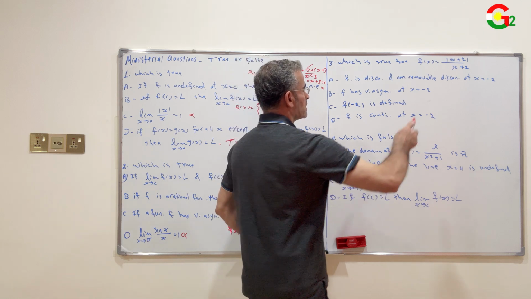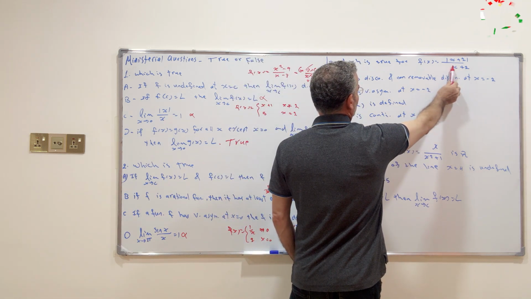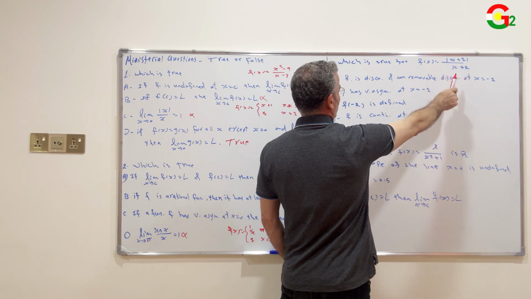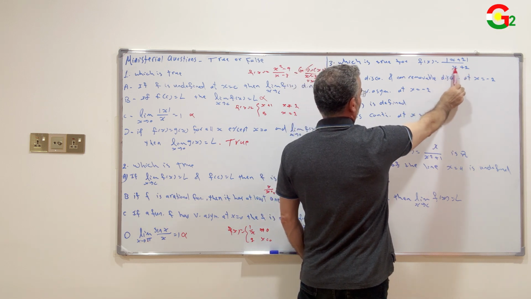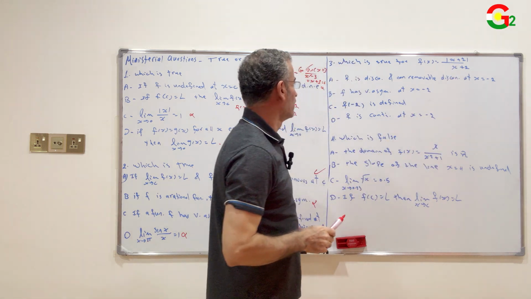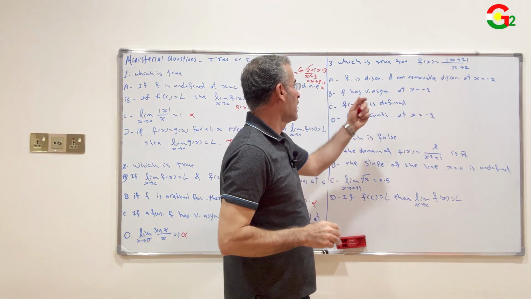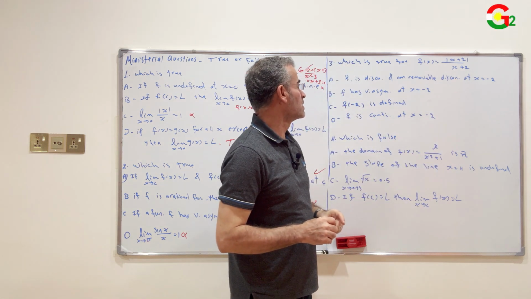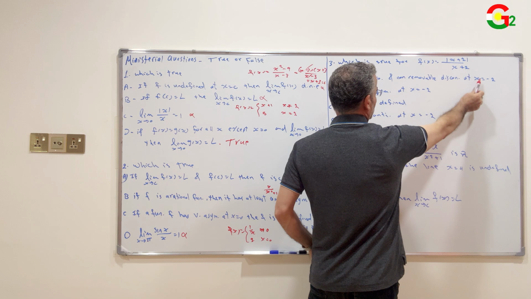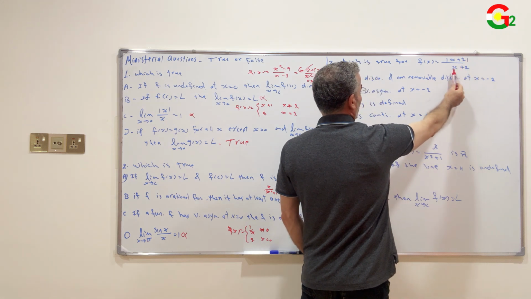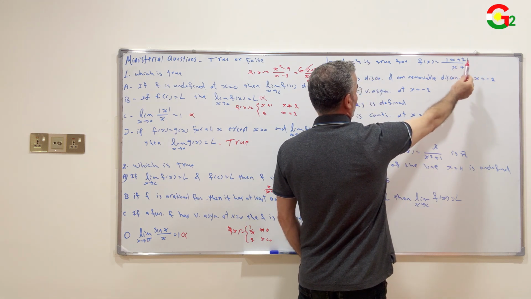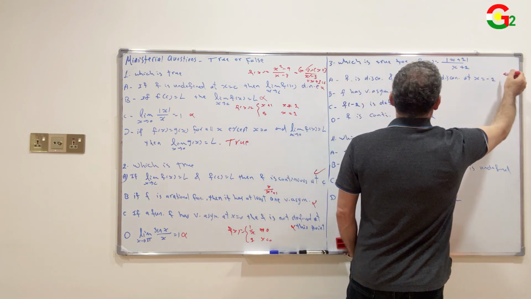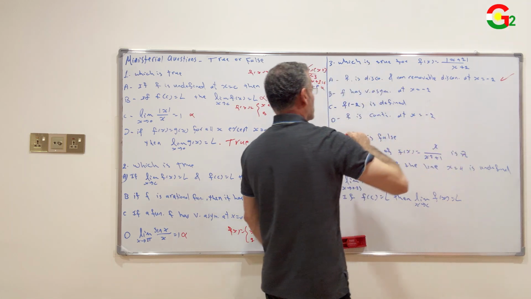This function is discontinuous at negative 2 since negative 2 is not in the domain and the function is not defined at negative 2. The limit does not exist, therefore the discontinuity is not removable, since the limit when x approaches negative 2 from the right is 1 and from the left is negative 1, so this statement is true.